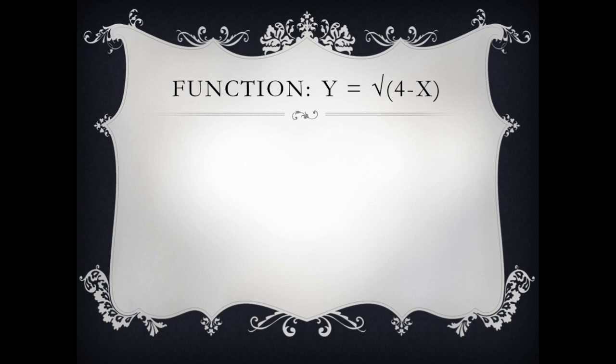Next, if the function is y equal to square root of 4 minus x. Similarly to the previous example, the term under the square root should be greater than or equal to 0. Here this 4 minus x should be greater than or equal to 0.